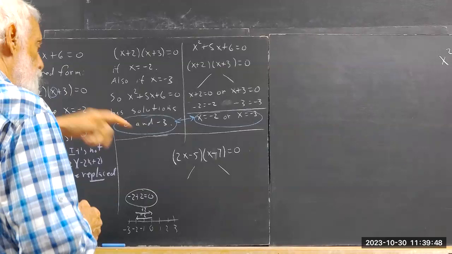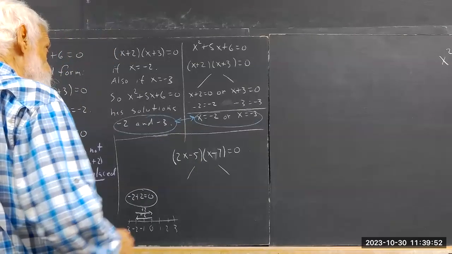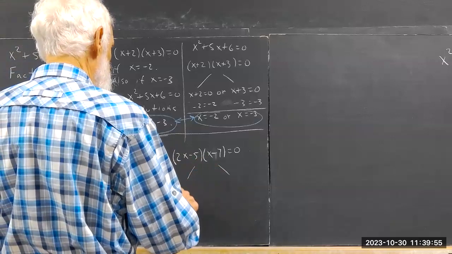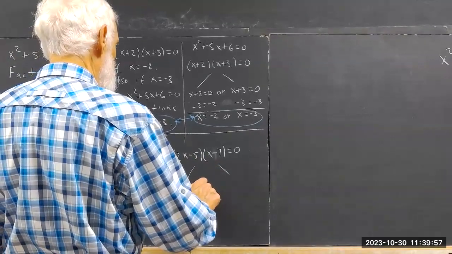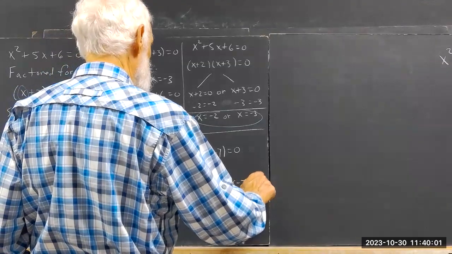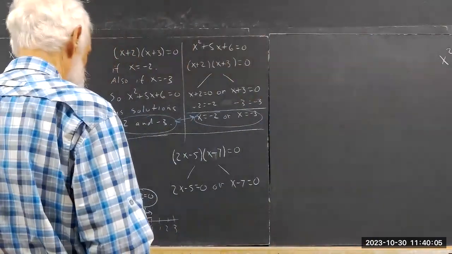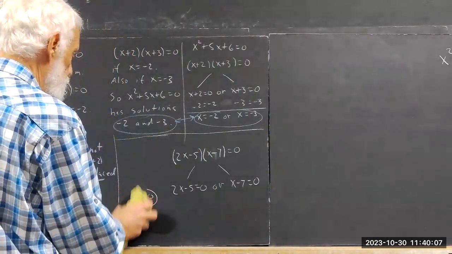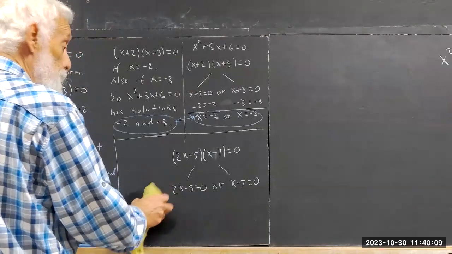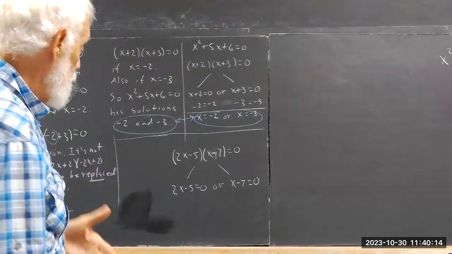Now, if we have the equation 2x minus 5 times x minus 7 equals 0, this breaks into two equations: 2x minus 5 equals 0, or x minus 7 equals 0. Now, I don't really need this picture here, it's kind of in the way, so we want to remember what it means to add two numbers.